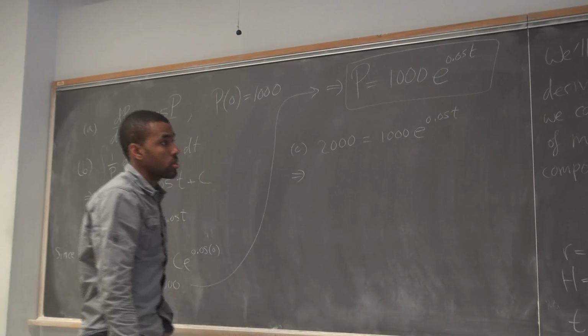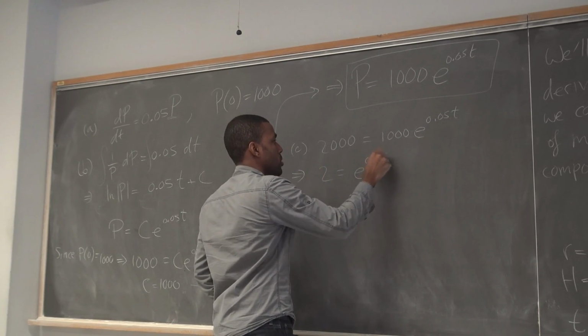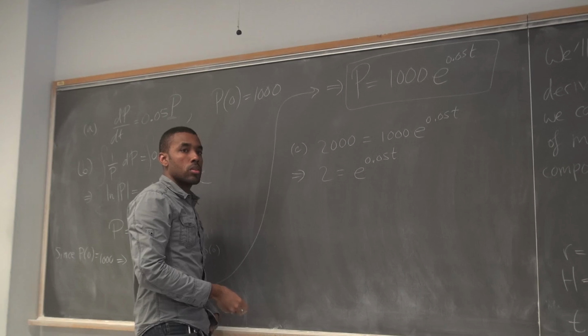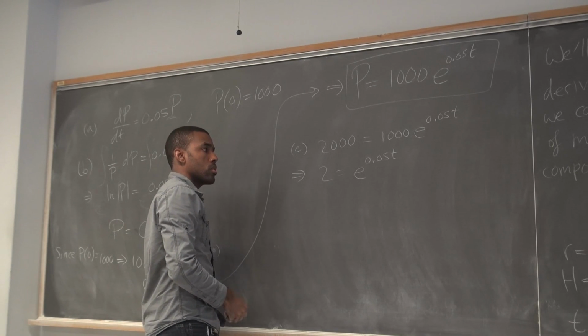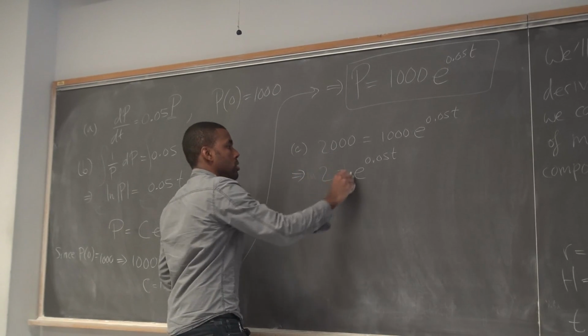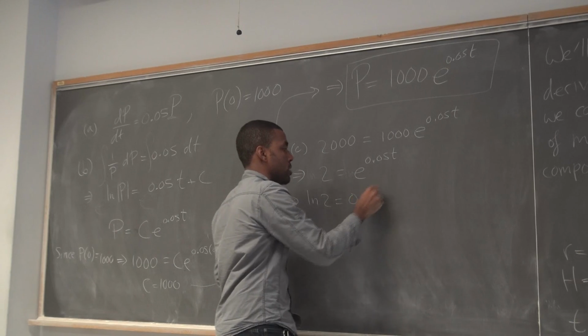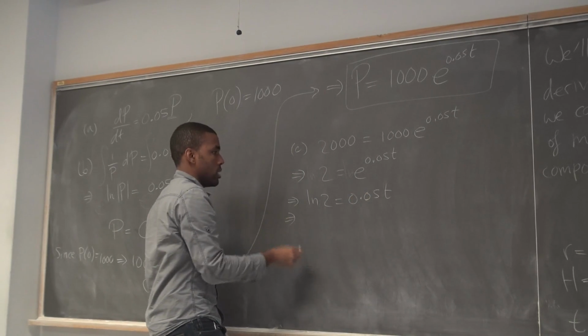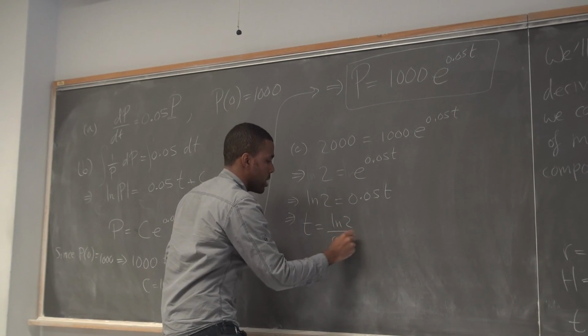So divide by 1,000, so I get 2. Take ln of both sides. So I get ln 2 is just 0.05t. And so t is just going to be ln 2 over 0.05.